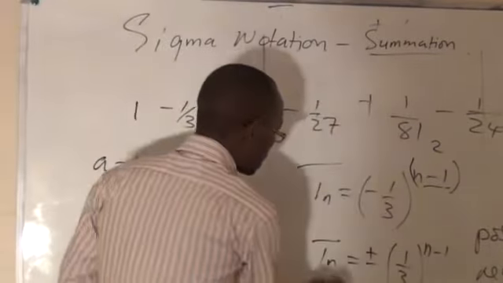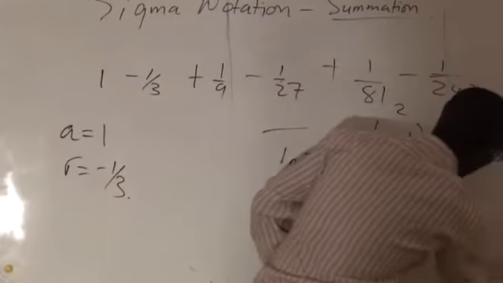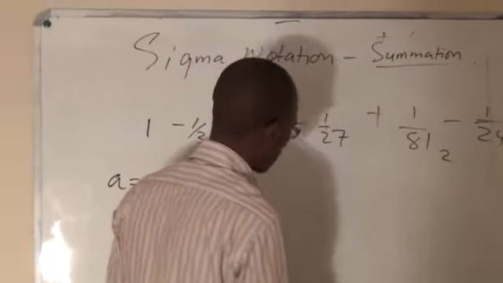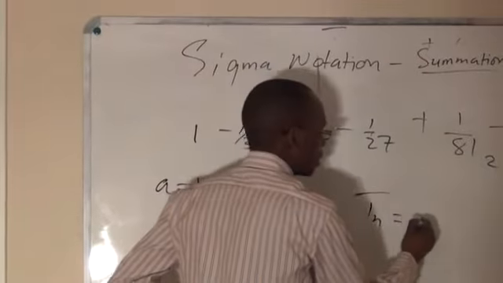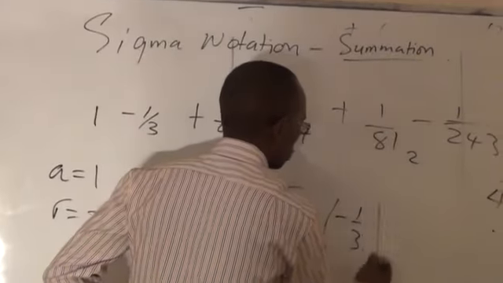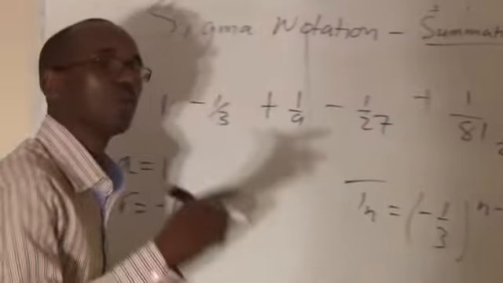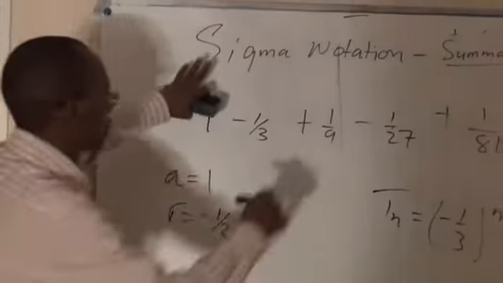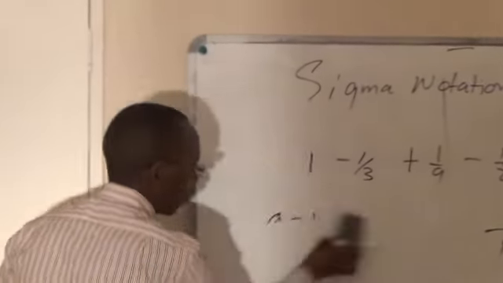If that is the case, we have said that our Tn for this particular sequence is equal to minus 1 over 3 to the power n minus 1. So it means that we can use our sigma notation to summarize this series. How? This way.